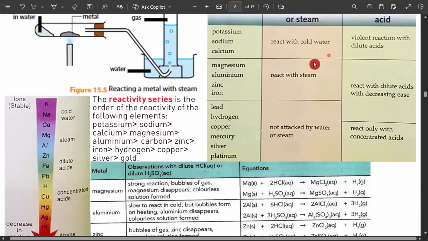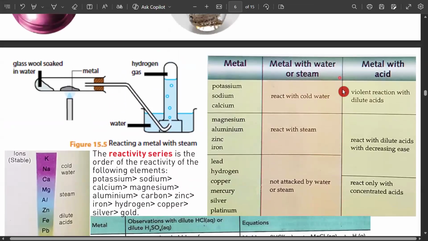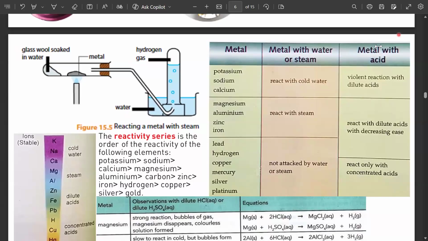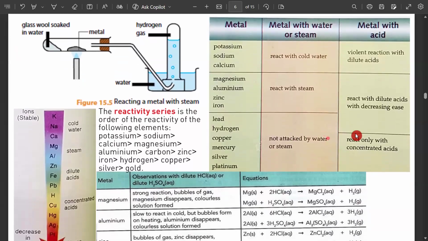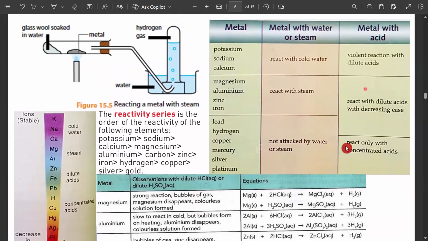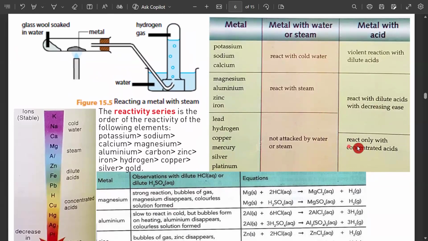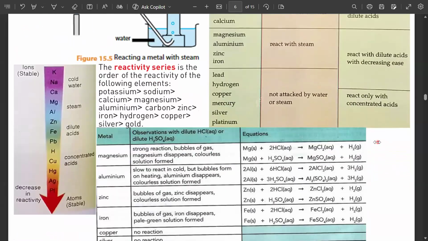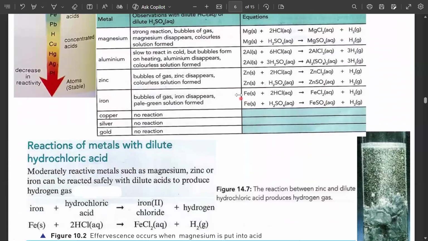Similarly, the same type of table shows metal reactions with water and acid. Copper and silver do not react with dilute acid, but they can react with concentrated acids. This is the difference in the concentration of the acid.